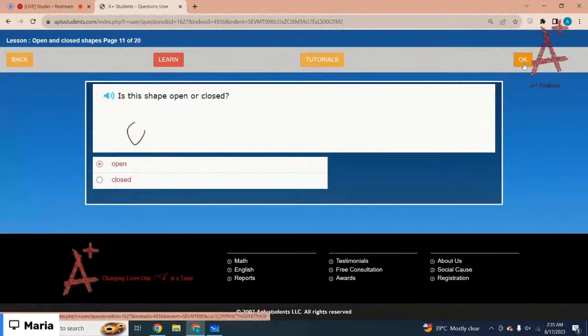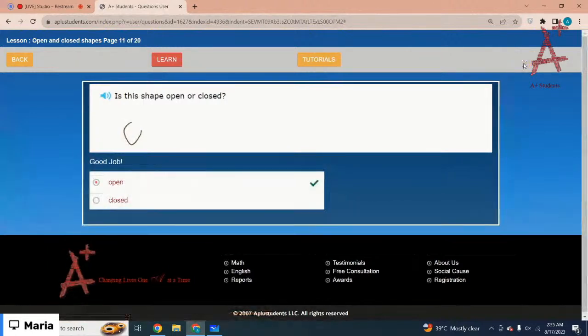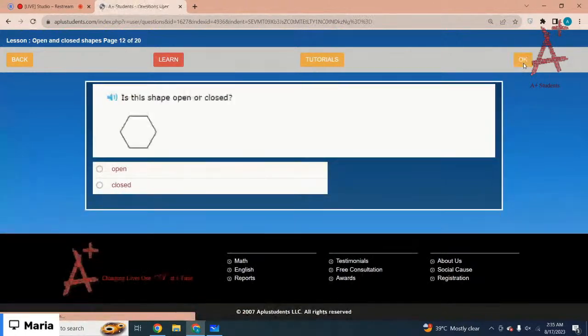Is this shape open or closed? Okay, that's the one I forgot to click the OK button on. Is this shape open or closed?